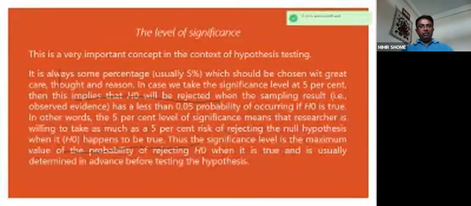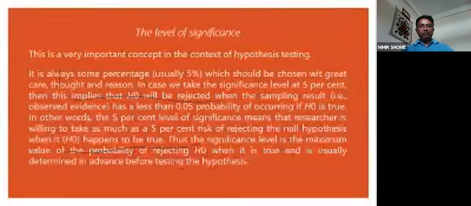In other words, the 5% level of significance means that the researcher is willing to take as much as a 5% risk of rejecting the null hypothesis when H0 happens to be true. Thus, the significance level is the maximum value of the probability of rejecting H0 when it is true, and it is usually determined in advance before testing the hypothesis.